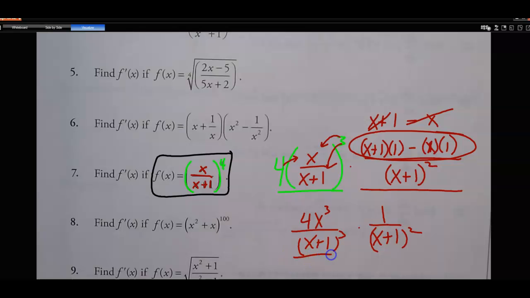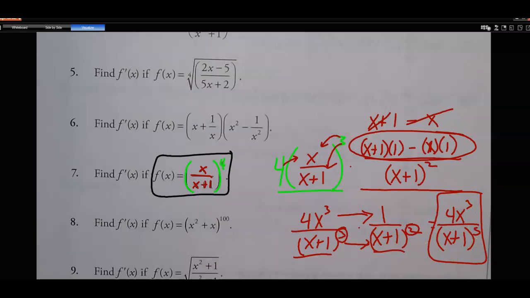Now luckily, since these things are the same, all I have to do is add their exponents when I multiply these together. So top times top, bottom times bottom will give me 4x cubed over x plus 1 to the 5th. Okay, so that would probably be the simplest answer, and I would assume that with this textbook that we're using here, that would be the answer they have in the back, but once again, I'm not sure.